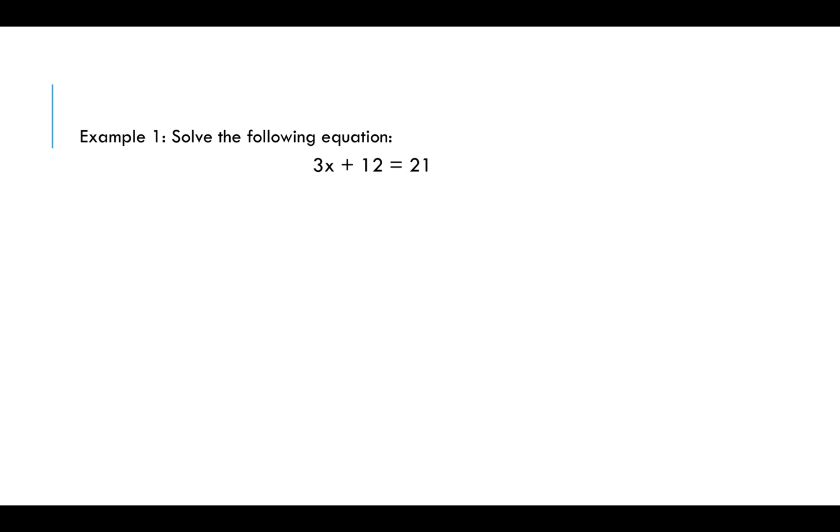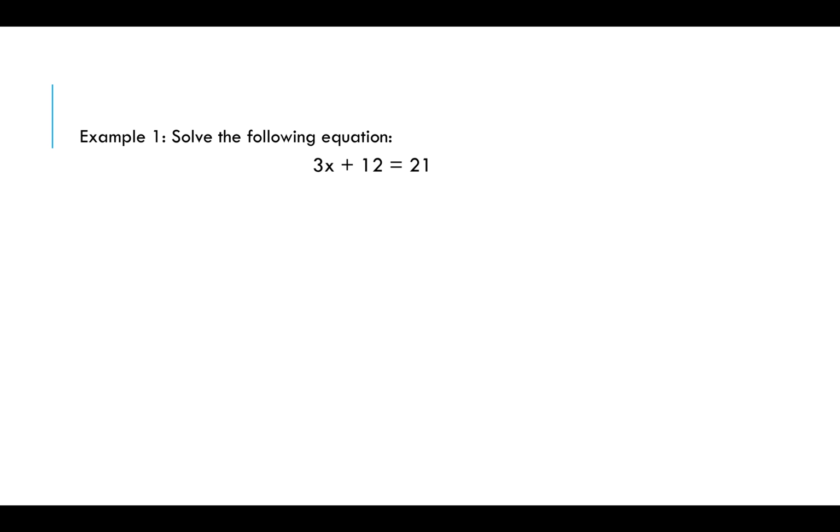If you recall from maybe the previous lesson with Miss Keever, you have to somehow undo these operations. So if you remember the order of operations, if we just looked at the left-hand side of this equation at 3x plus 12, it's 3 times x plus 12.